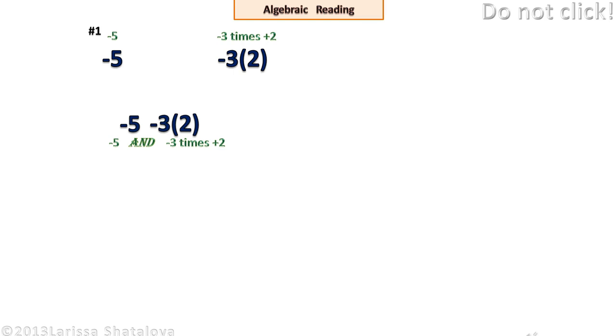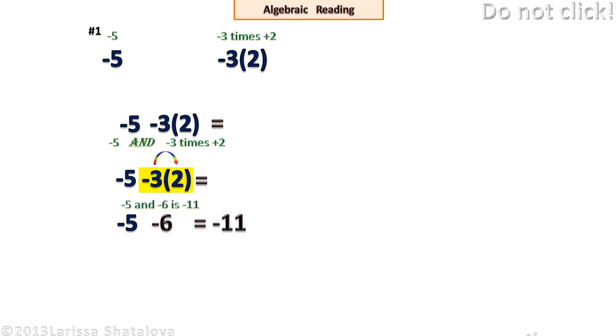We will have negative 5 and negative 3 times positive 2. We can simplify the multiplication first because negative 3 times positive 2 is negative 6. Negative 5 we will keep, and then we will have negative 5 and negative 6 is negative 11.